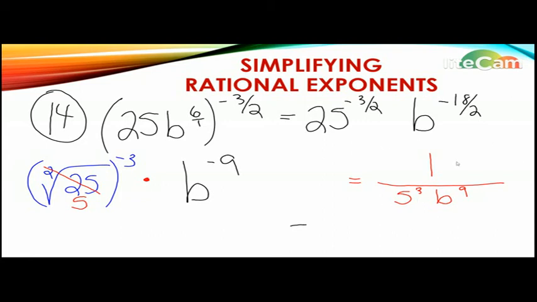Because this is actually looking pretty good since I've done the 25 and the b. The only thing I need to do now is this 5 needs to be cubed. Don't leave any numbers like that. If it's a variable, fine, leave it with the exponent. But if it's a number, we need to figure out what that number is. So my answer is going to be 1 over 125 b to the 9th.